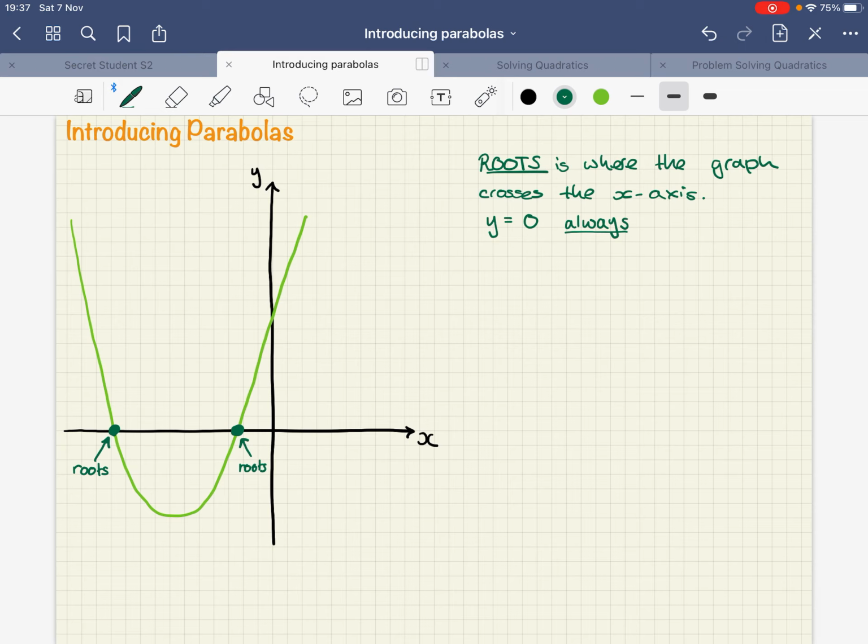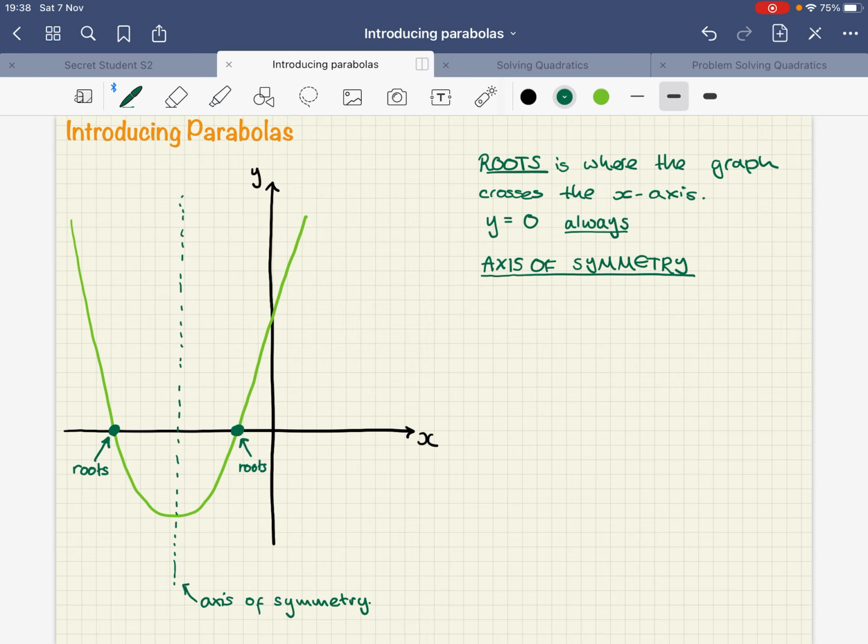So then the next thing we need to think about is in between the roots. Like I said earlier, if I was to put in a mirror, and I could put mirror all the way up here, that would show that there's this sort of symmetry, and in fact we call this our axis of symmetry. And the important thing to remember about that is that it is an equation.